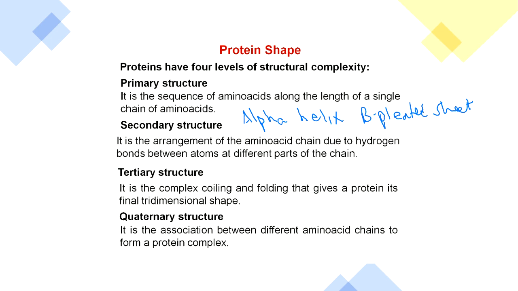Now, eventually, these chains become long enough where the alpha helix and the beta pleated sheet start convoluting and twisting and coiling into this final tertiary structure that is a functioning protein. Now, if needed, the protein can get into this quaternary structure, which is just a bunch of different tertiary structures combining to form one big complex.